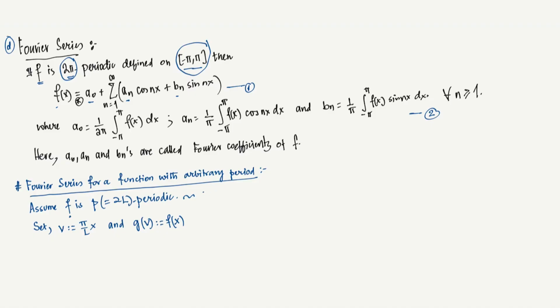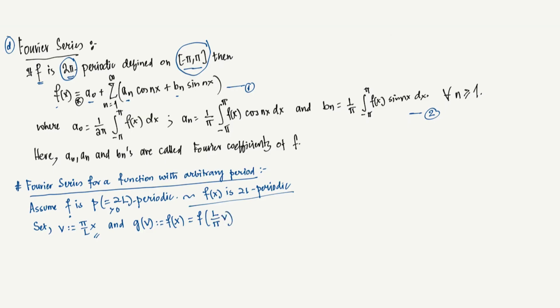That's what it means. We know what f is. Now we are defining a new function g such that g of v equals f of x, where v is defined as pi by L times x. Of course, L is positive. So all of this is defined, and then x is L by pi times v.